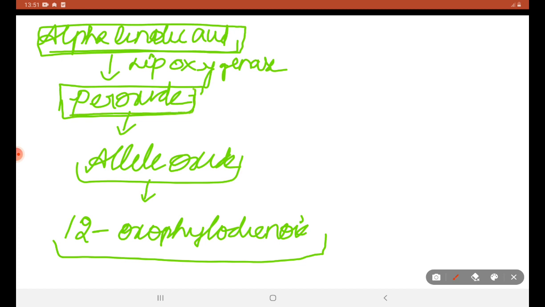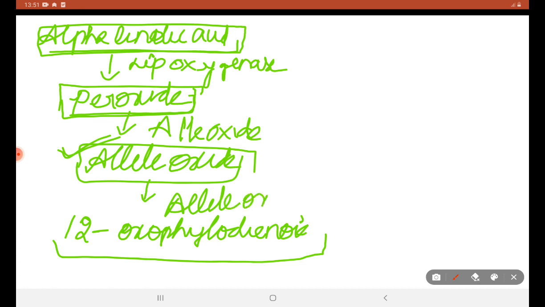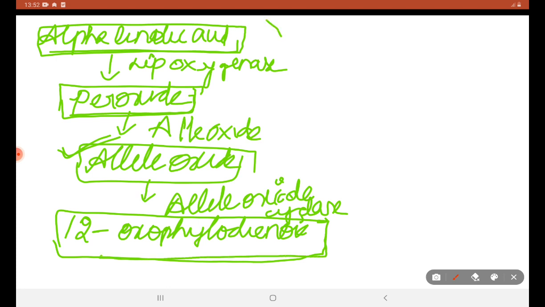Peroxide is converted to allene oxide with the help of the enzyme allene oxide synthase. Cyclization takes place with allene oxide cyclase, giving 12-oxo-phytodienoic acid. All these steps occur in the plastid.